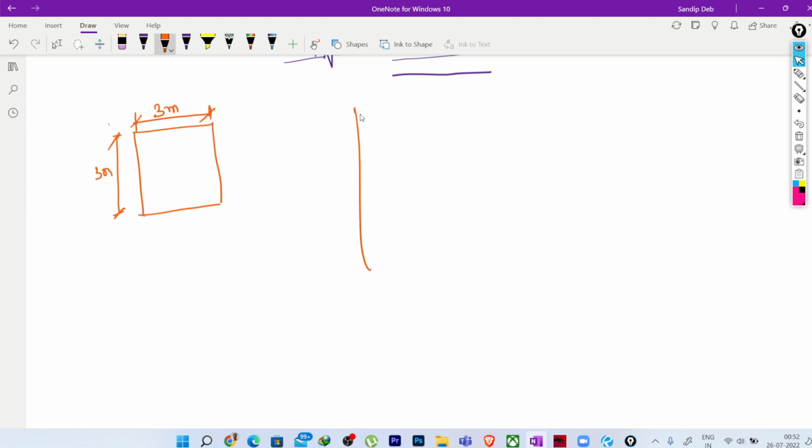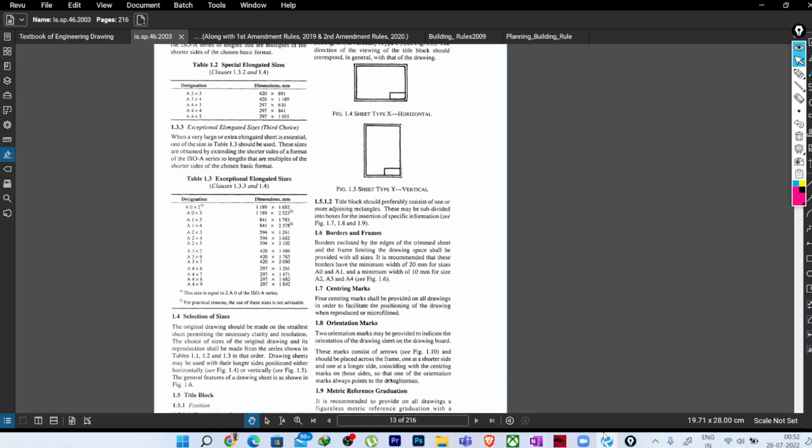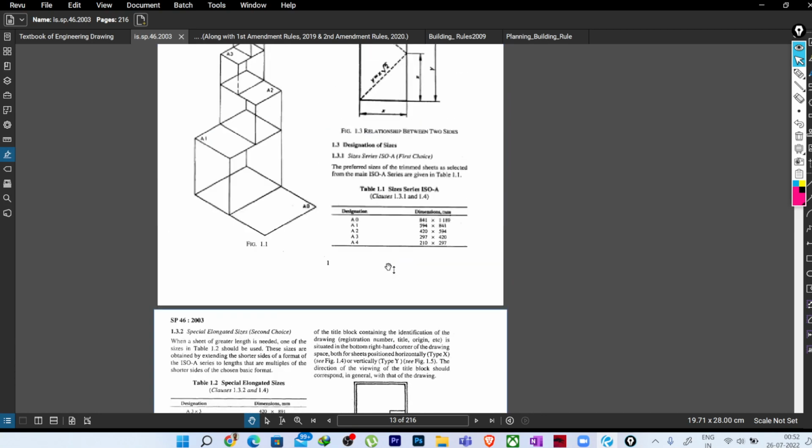And here I have got a paper which is of A4 size. Okay, so obviously A4 size is just, as we have already seen here, 210 by 297.